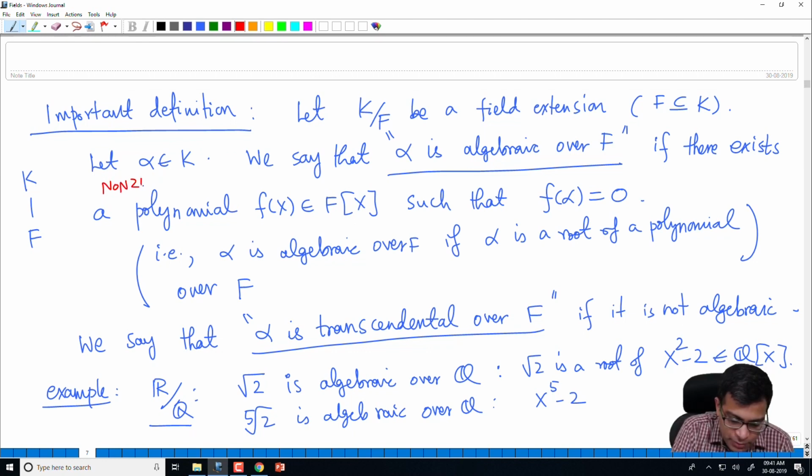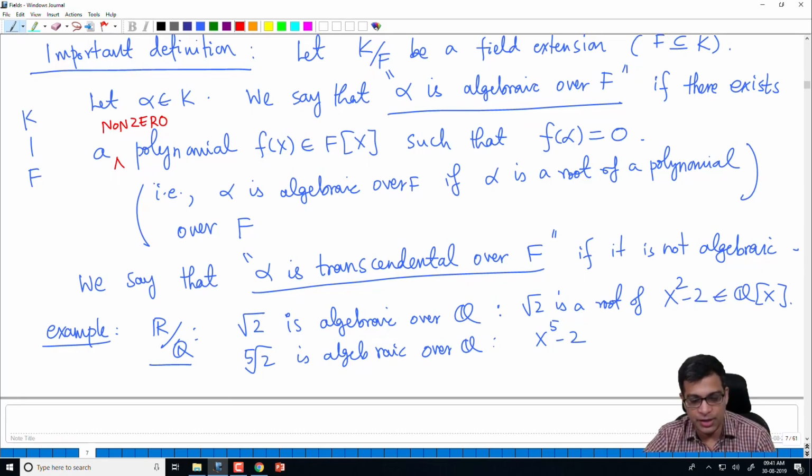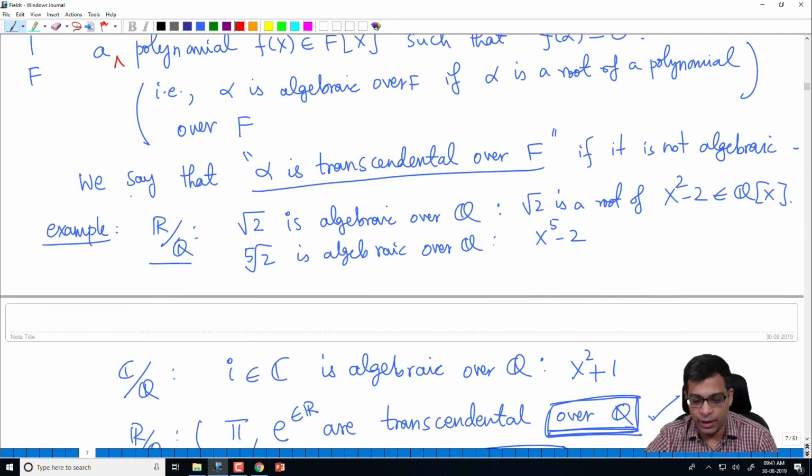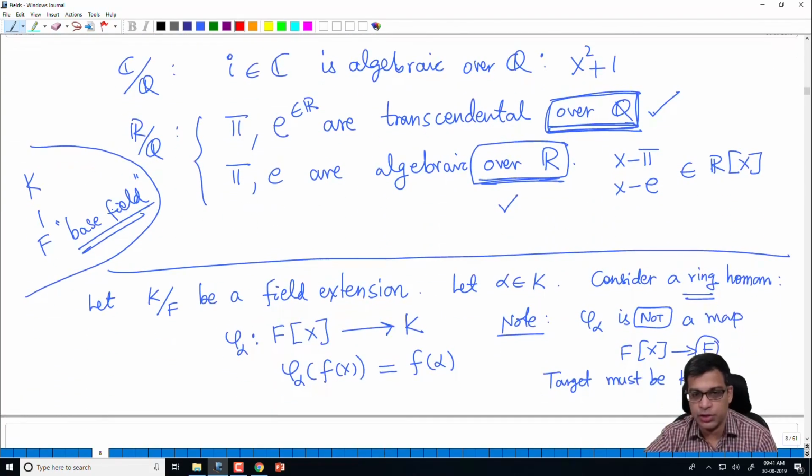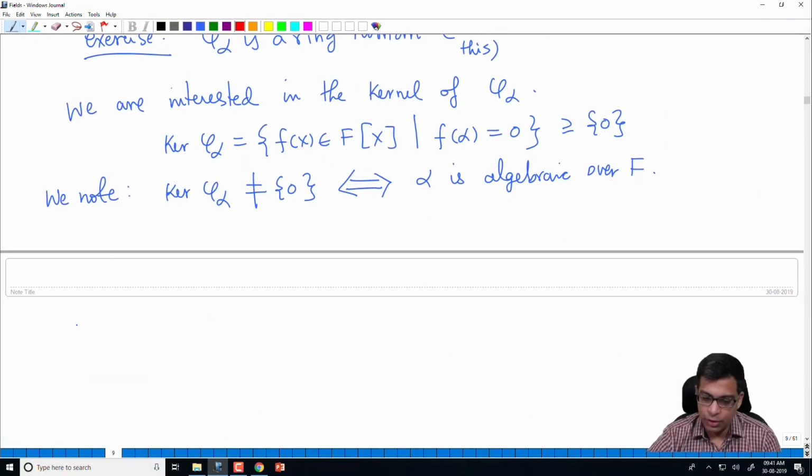That must be mentioned. It's very important because otherwise every element will be algebraic, because you can always take the 0 polynomial. So the whole trick is to demand a non-zero polynomial, because pi of course is the root of the 0 polynomial over Q, but we still say pi is transcendental because there is no non-zero polynomial. So if alpha is algebraic, then there is a non-zero polynomial for which alpha is a root. That non-zero polynomial will be in the kernel of phi alpha.